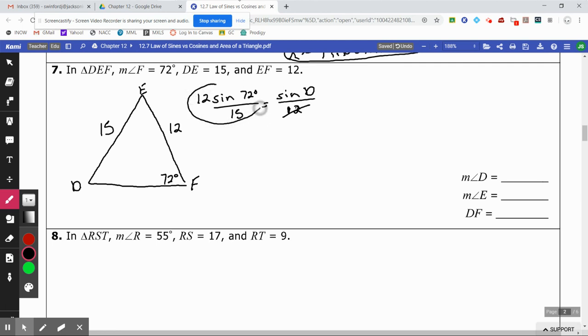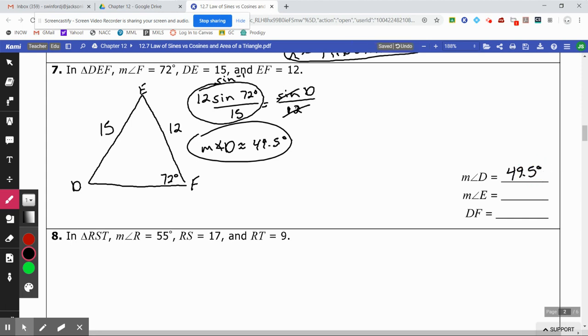Type all of this in. We're going to get rid of sine by doing the inverse sine once we get it all typed in. And that tells us that angle D is going to be approximately 49.5 degrees. So there we go.